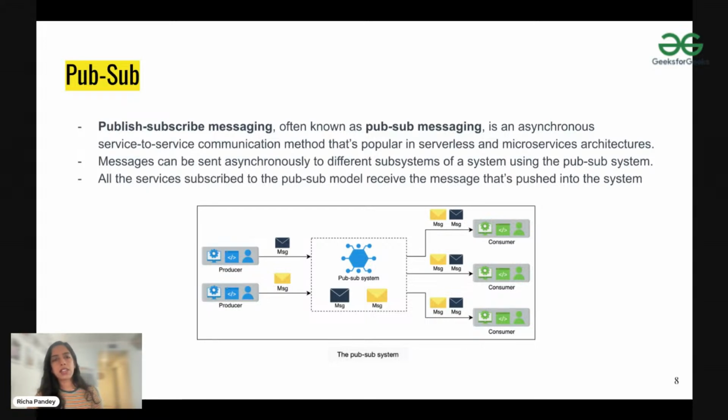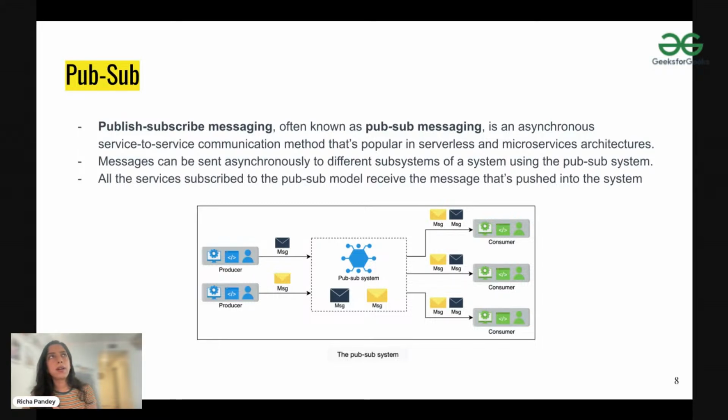It's an asynchronous service-to-service communication method that's popular in serverless and microservices. Messages can be sent asynchronously to different subsystems of a system using pub sub. If you don't understand all these words, I will first walk you through an example.